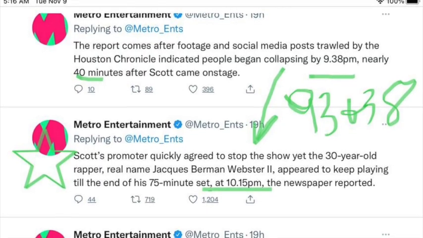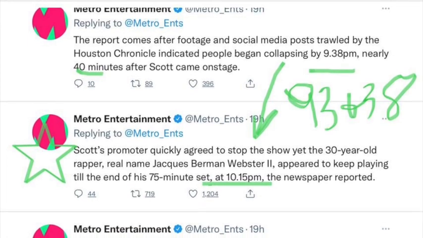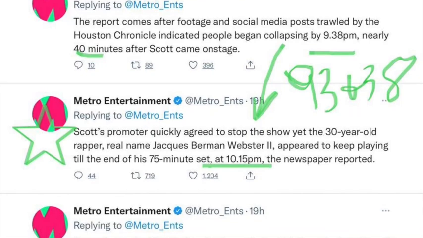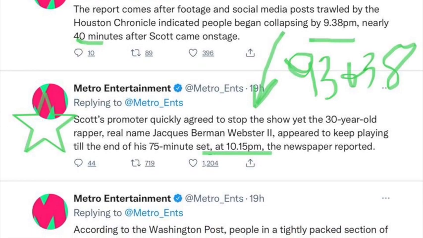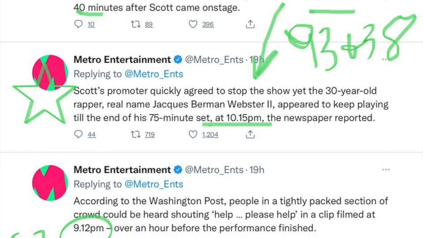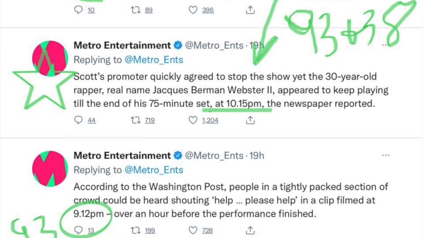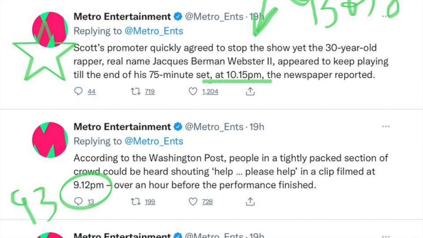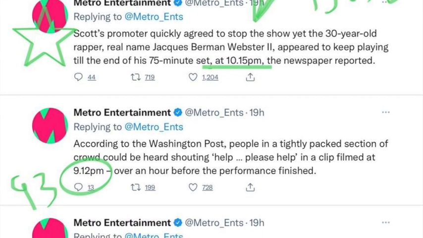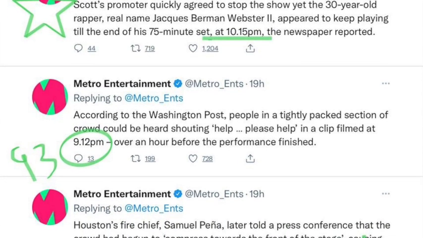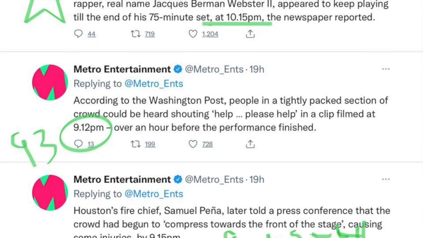We're talking the first clip, the first Please Help clip filmed 9:12 p.m. Metro Entertainment reporting this, whatever that is. 93, 9:12 p.m. People began collapsing at 9:38 p.m. That's your 93 and your 38.